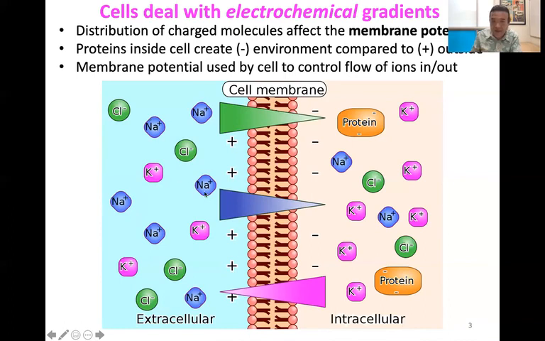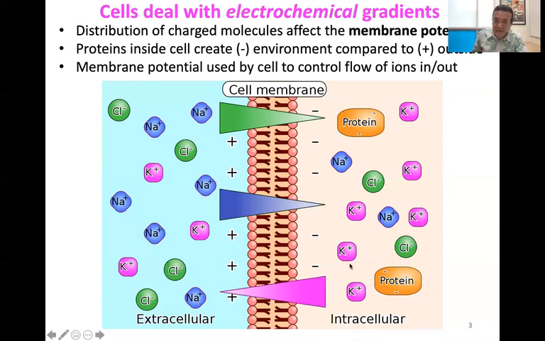You'll notice that sodium ions tend to be more concentrated outside of the cell compared to inside. So the natural gradient flow of sodium ions would be from the left, through the membrane to the right, to even out the number of sodium ions.